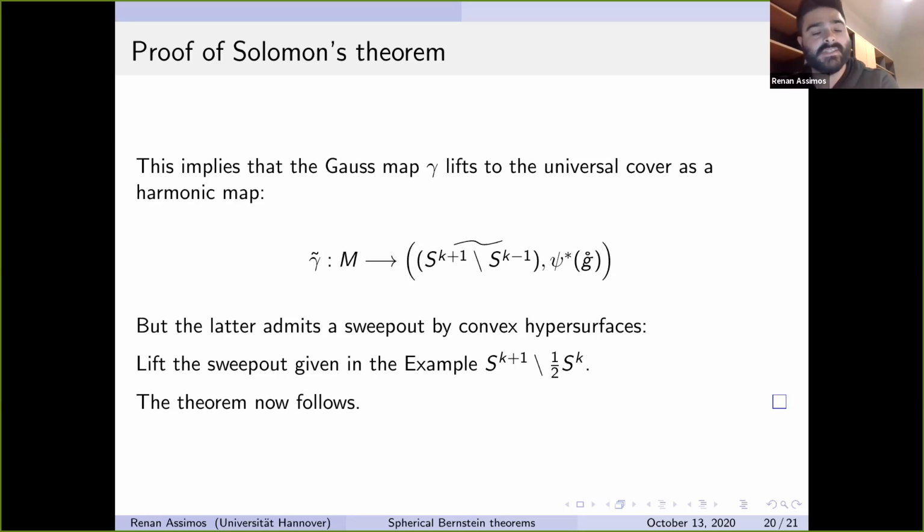It's a harmonic map from a compact manifold into a region that admits a strictly convex foliation. So this map must be constant, and therefore the Gauss map is constant. Therefore, M is totally geodesic in S^{k+1}.